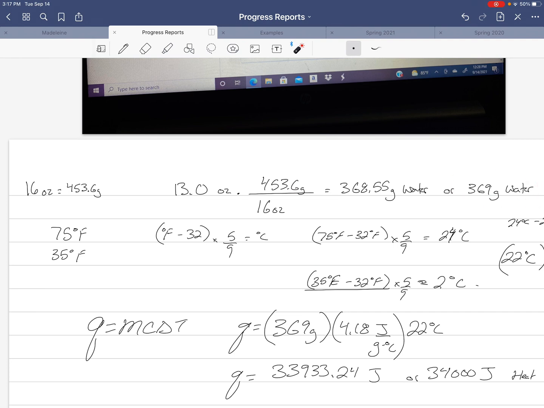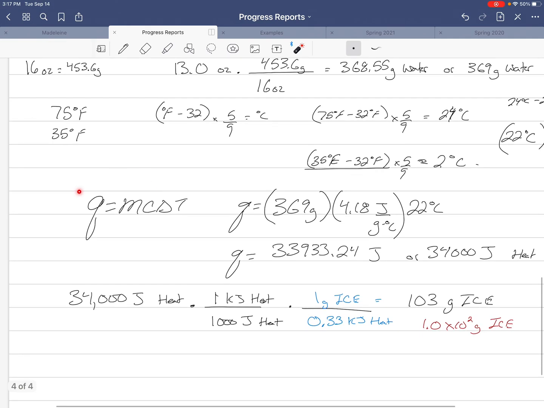Got my mass of water. Converted both temperatures to degrees Celsius, 24 and 2, and the difference is 22 degrees Celsius. Then Q equals mc delta T. Did that math, I get 34,000 joules, or 34 kilojoules. You could have just done the red here, 34 kilojoules, and then the blue, and you still get 103 grams of ice.